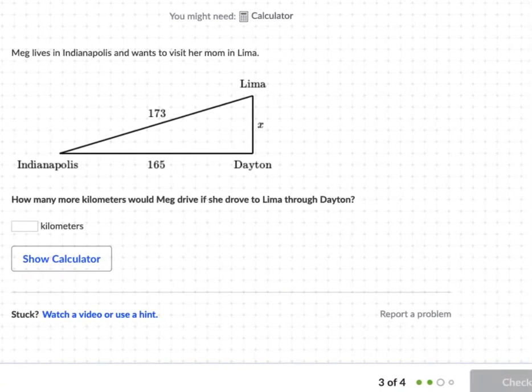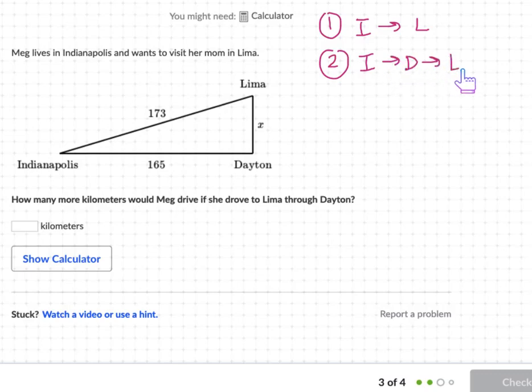Okay, so that means in this problem we need to calculate 2 different routes. One is from Indianapolis to Lima, and the other is from Indianapolis to Dayton, and then to Lima. Indianapolis to Lima, it already says it's 173 kilometers. Right here, that distance. From Indianapolis to Dayton, it's 165 kilometers, and we're not sure how much it is from Dayton to Lima.